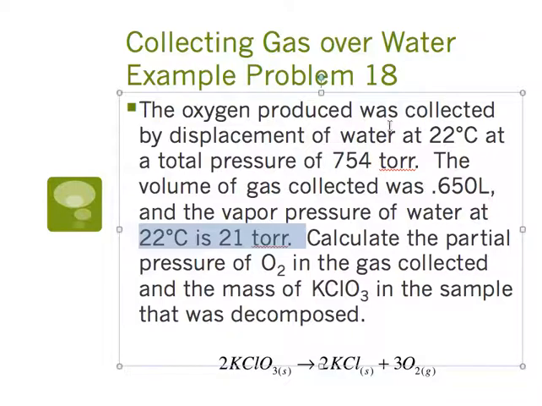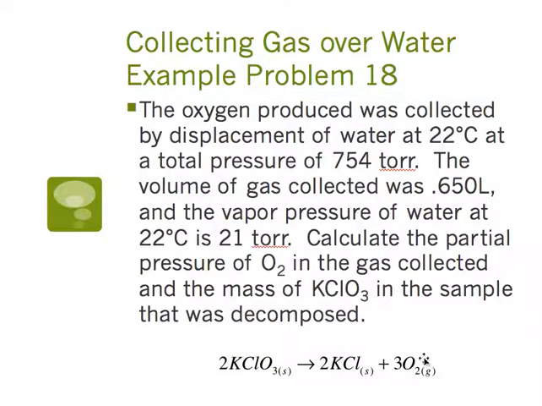So when we look at the pressure of oxygen, we need to take that 754 and subtract the 21 from it, and then we know the pressure of just the oxygen. Okay, so the rest of this problem talks about calculating the partial pressure of oxygen, which we just talked about, subtract the two, and also figure out what the mass of the sample was that originally decomposed.